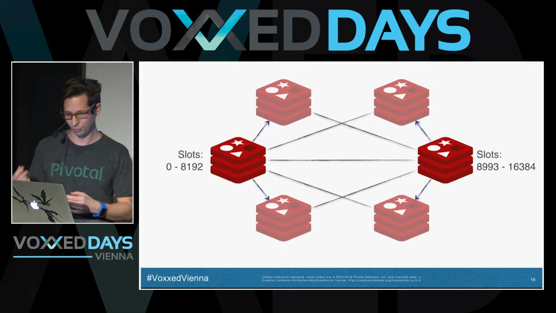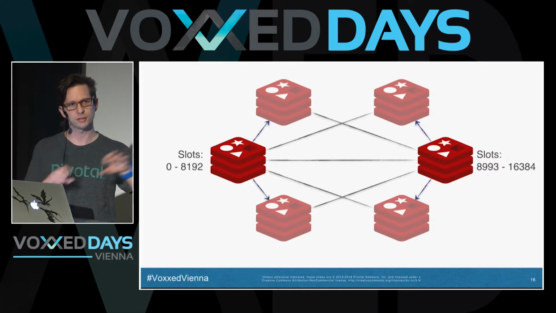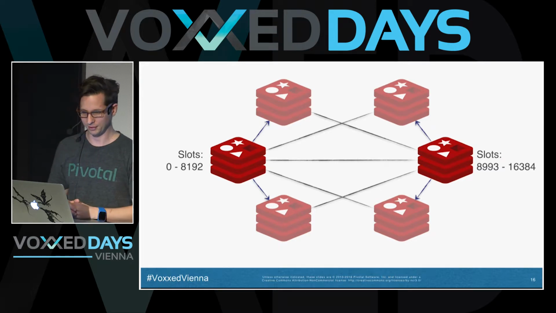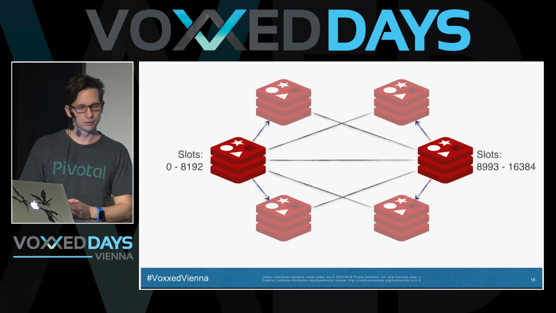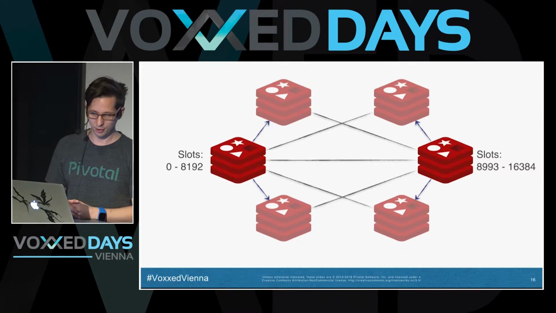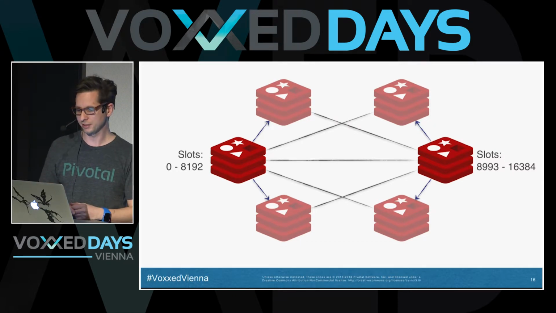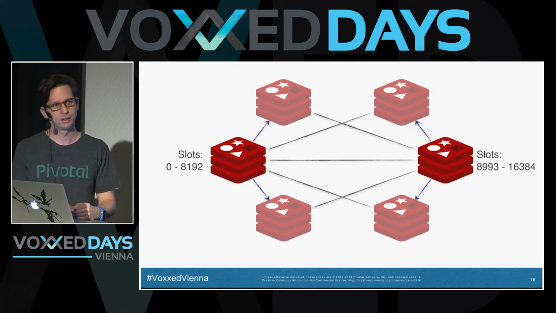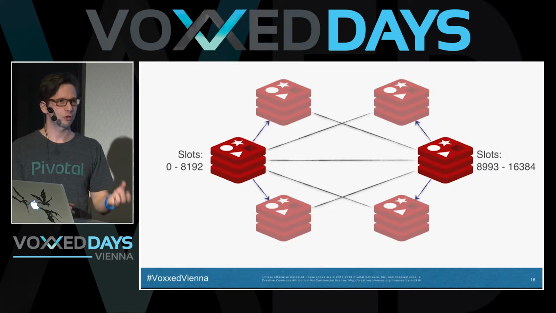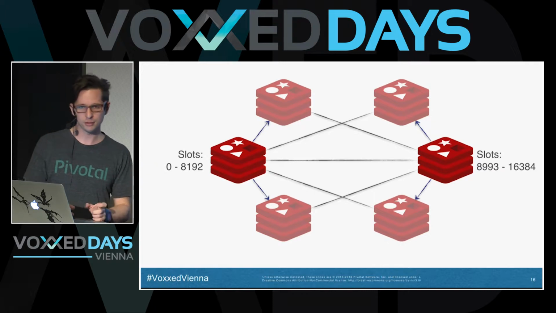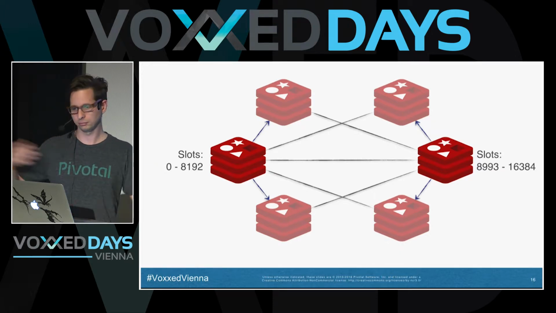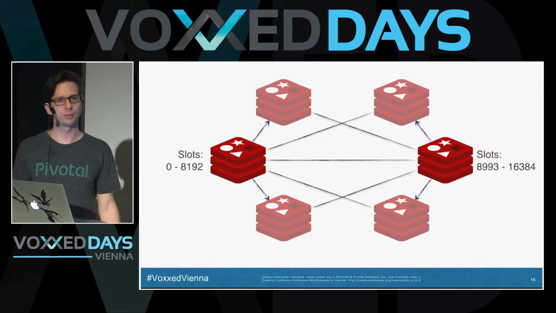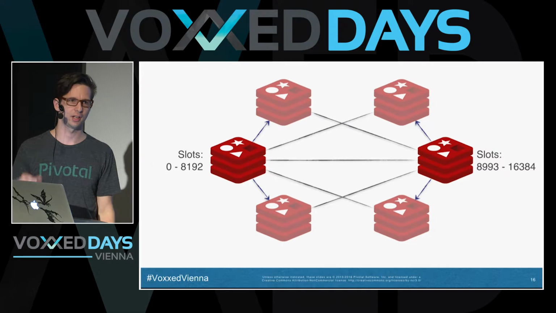So as we saw before with the Sentinel, there is only one master and slaves, and all the data is on one of those servers at a time. In Redis cluster, data is sharded, and it's sharded in a way so that the cluster has 16,384 slots. So a slot is a logical partition of the cluster. Each slot can have as many keys as you want in there, but all slots have to be covered by the cluster at all times.